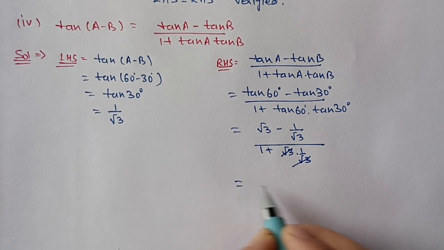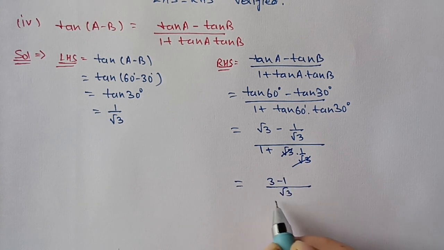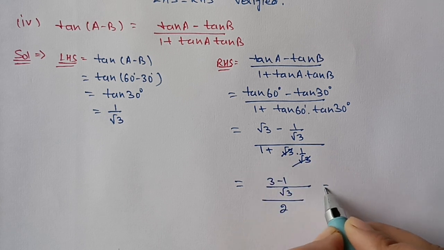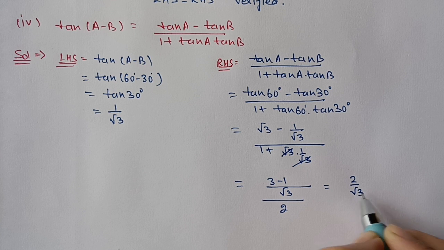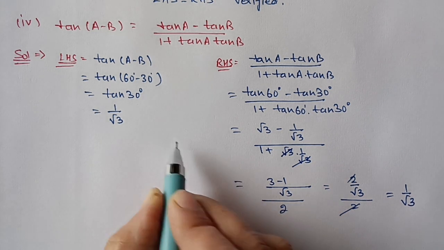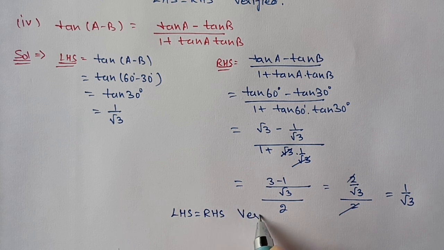In numerator, take LCM. After LCM, you will get 3 minus 1 upon root 3, and here 1 plus 1 will become 2. So 2 upon root 3 and upon 2. So 2 you can cancel out. 1 upon root 3 you are getting. So both left side and right side are equal. Hence it is verified.